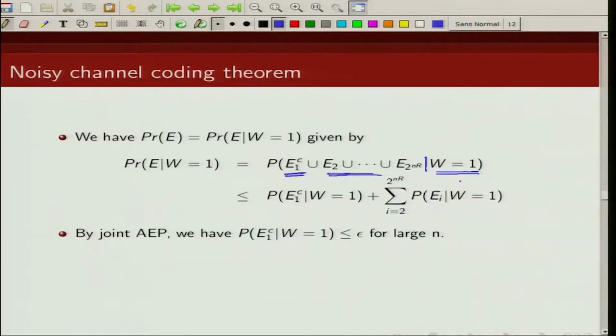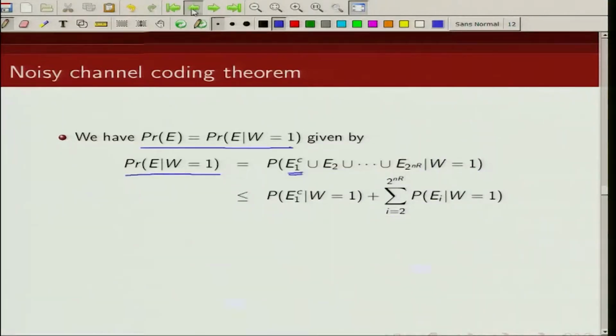And using the union bound, I can upper bound it as probability of E1 complement given index 1 was transmitted, plus the sum of probability of Ei given index 1 was transmitted, where i goes from 2 to 2^{nR}.